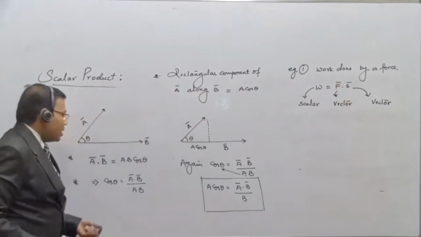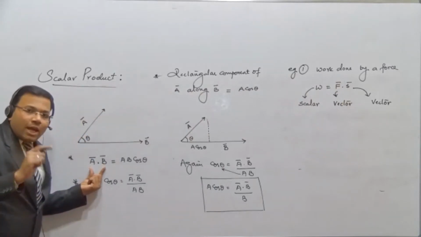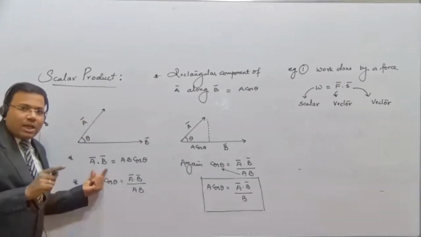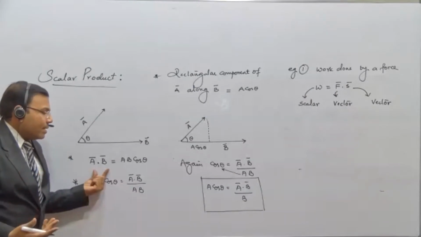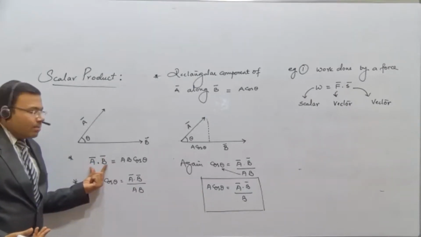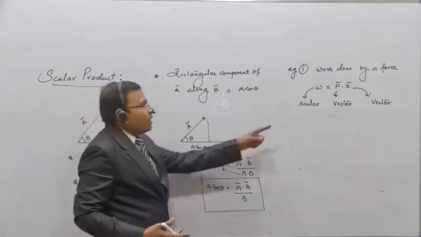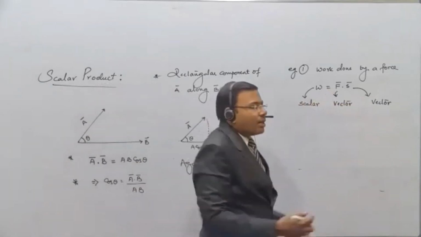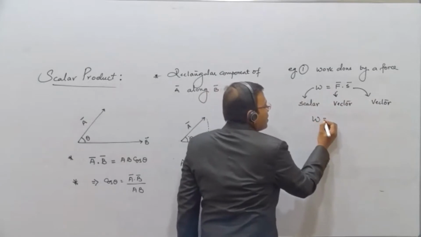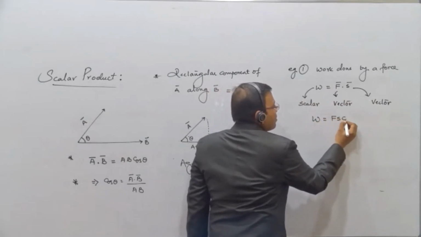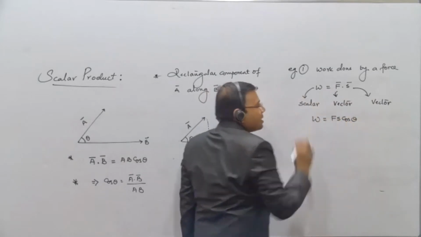It is something like A dot B. F dot S is something like A dot B. So how will we write A dot B? AB cos theta. In the same way, F dot S, we can write the work done as W is equal to Fs cos theta. Then what is this theta?